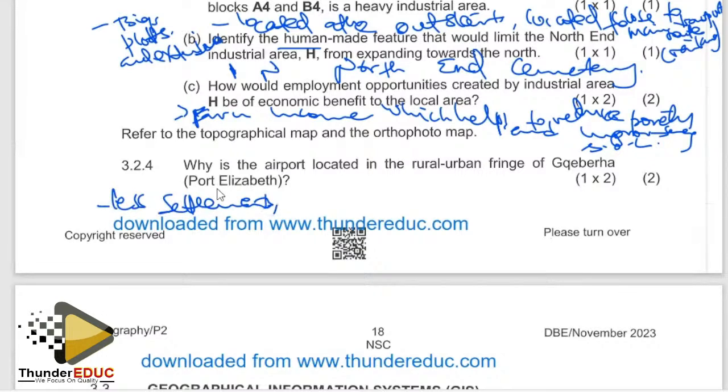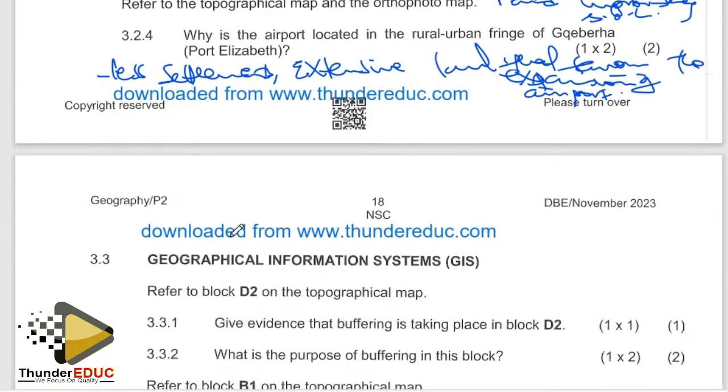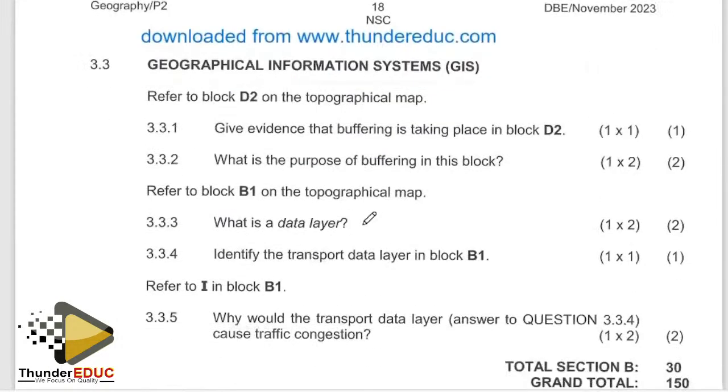We can also look at the extensive land that can favor the expansion of the airport. Okay, so when you look at all those things, they can influence the location of the airport there.